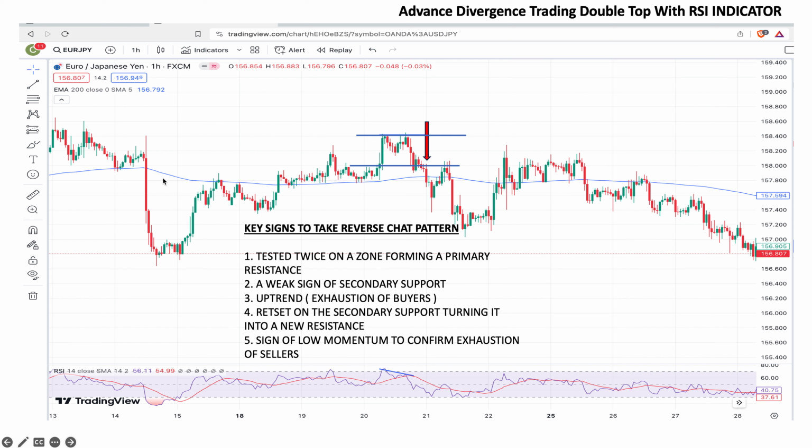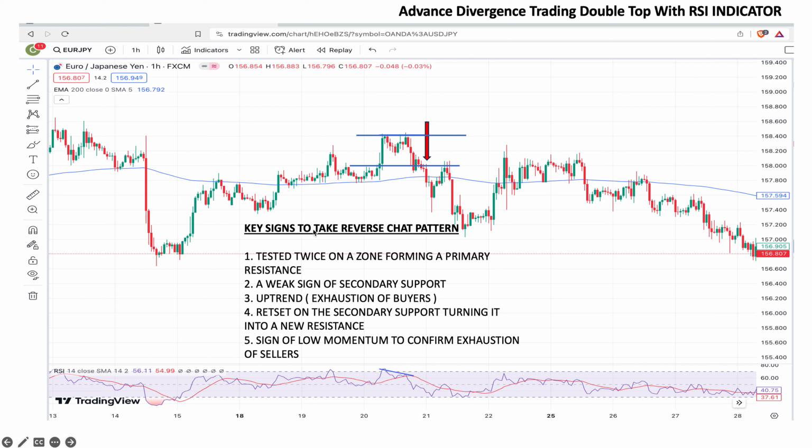And as you can see, since it's close to the moving average, on a normal day you shouldn't have traded this, because it's close to the moving average, making it a support. But regardless of that, it still pushed below, which is a dangerous way to trade it. But because you have a momentum indicator, you ensure that irrespective of the moving average, it would still perform its duties as a double top.